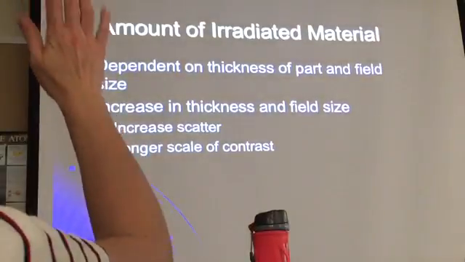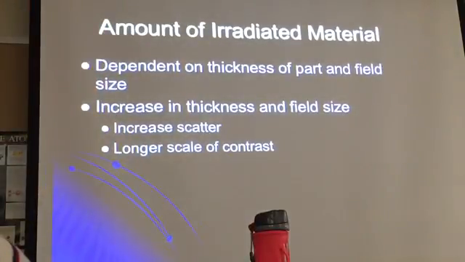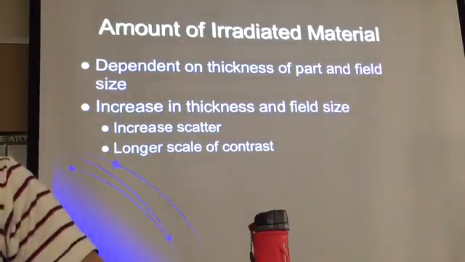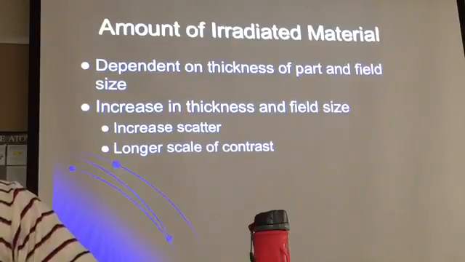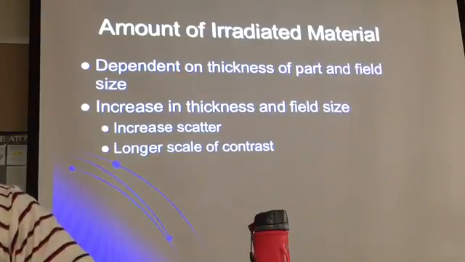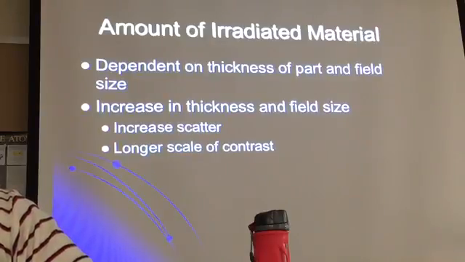Is there ever a time where there's more scatter, more fog, but it's degrading the picture to the point where it's not really helping with the long scale contrast, but it's just bad for the picture? It can get to that point if the scatter radiation is so bad. Say, for example, you're X-raying an abdomen and you do a tabletop.